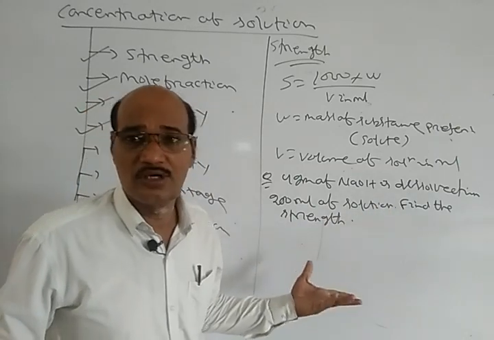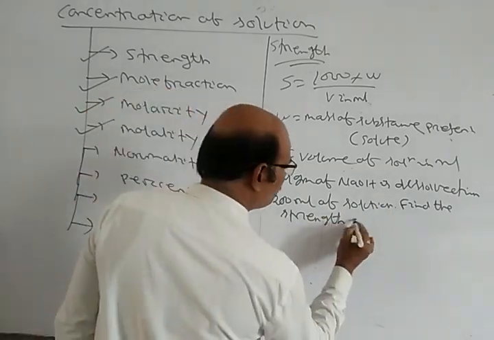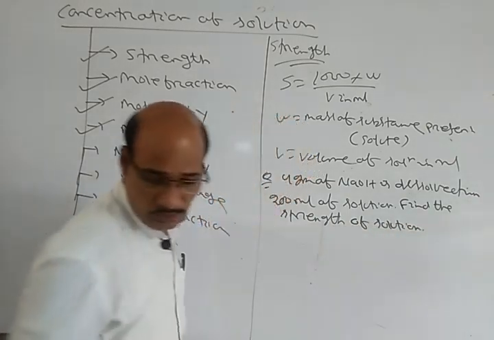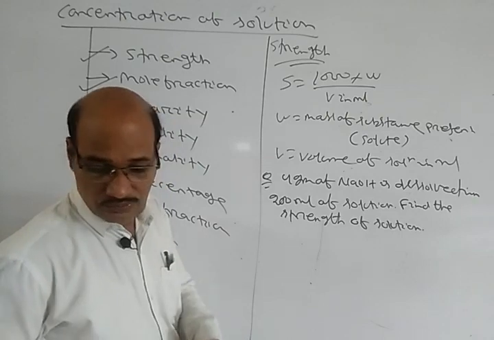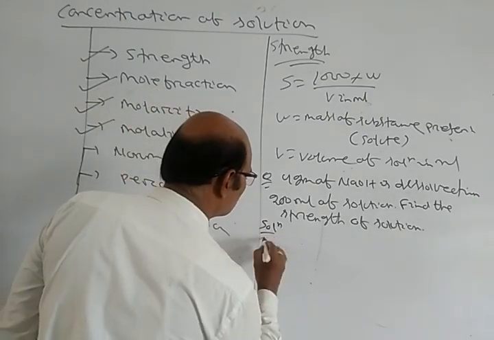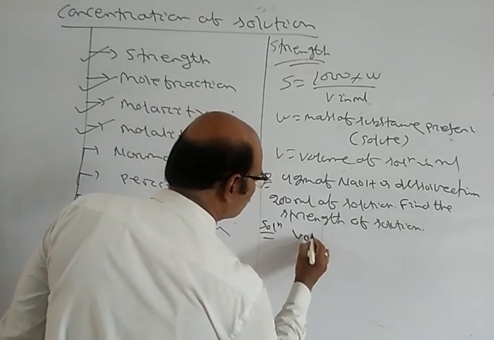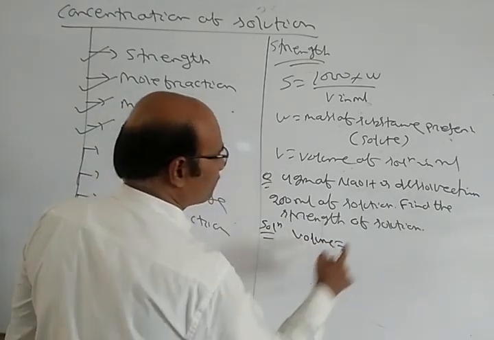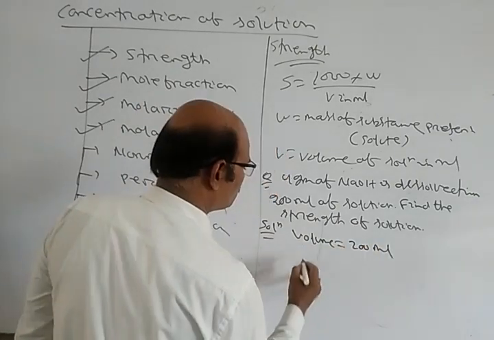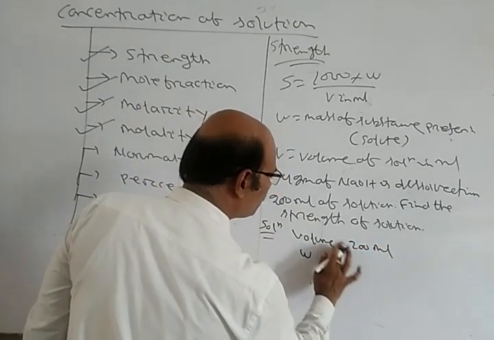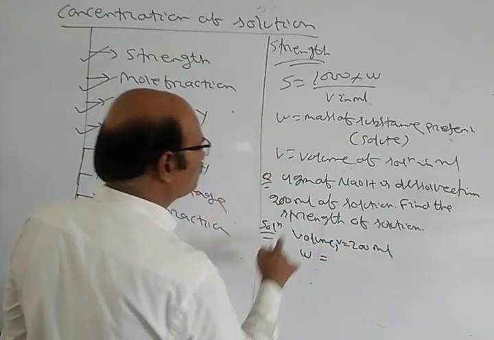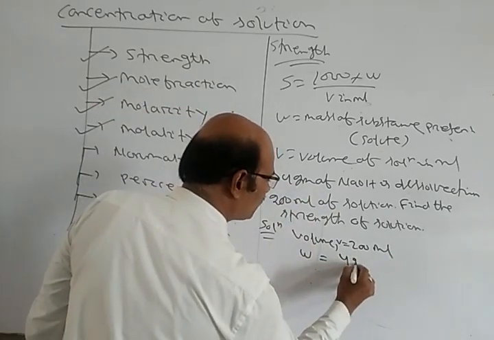Find the strength of the solution. So what will we do? Volume V is 200 ml, and W is 4 gram, given.